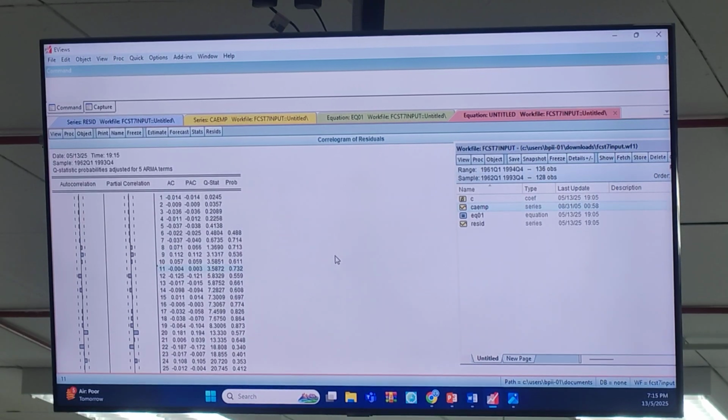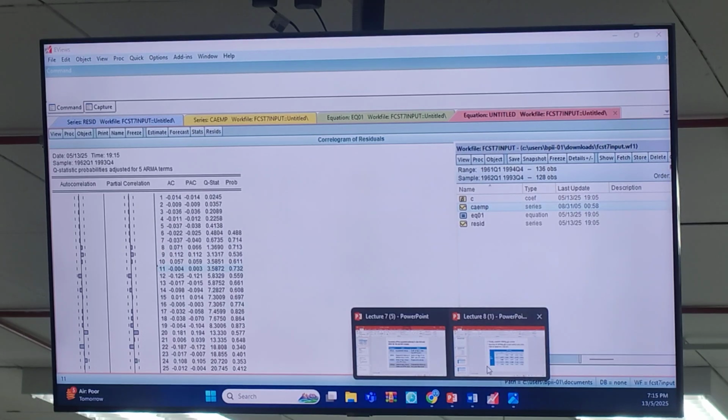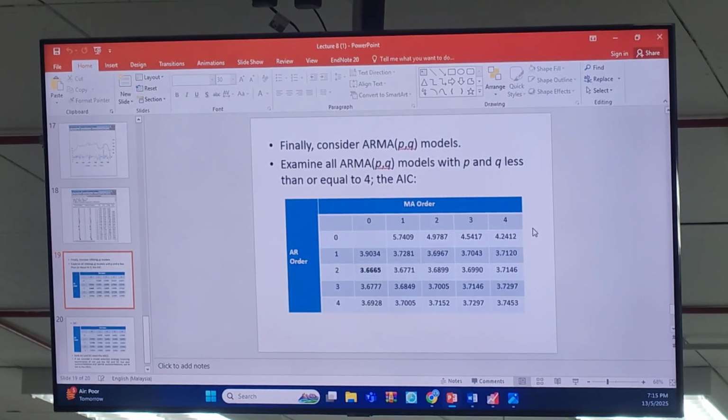It is okay, greater than 0.05, so the residual is white noise. So you can use that model for the next step, the application part, to produce forecasts. If you compare, you estimate all, and then you can see that the one that has the smallest AIC is AR2.